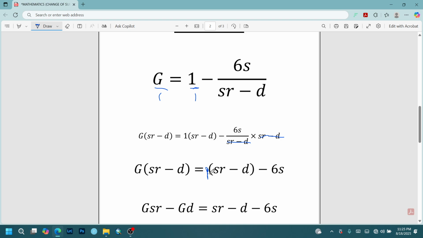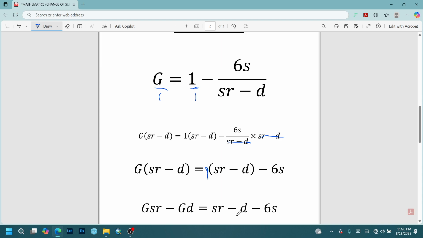So this positive 1 multiplying SR, we are trying to eliminate the brackets, right? This positive 1 multiplying positive SR will give you positive SR, right? And this positive 1 multiplying negative D will give you negative D because there's a rule in mathematics that states that positive and negative gives negative, right?